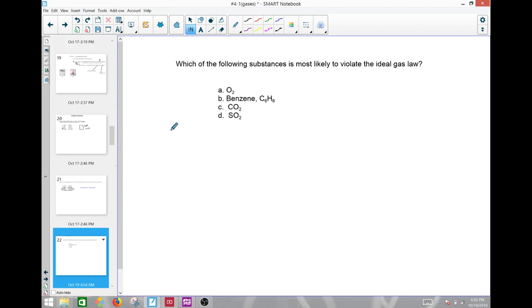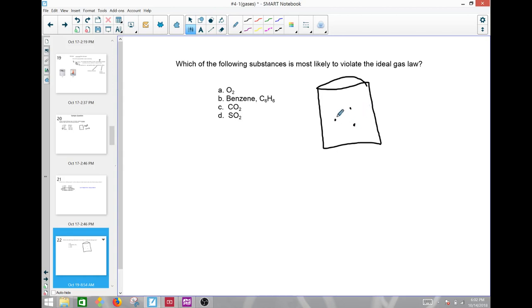All right, which of the following substances is most likely to violate the ideal gas law? So again, for ideal gas particles, we say that they don't interact. But this is kind of a misnomer because any particles typically have some attraction, even if it's really small.